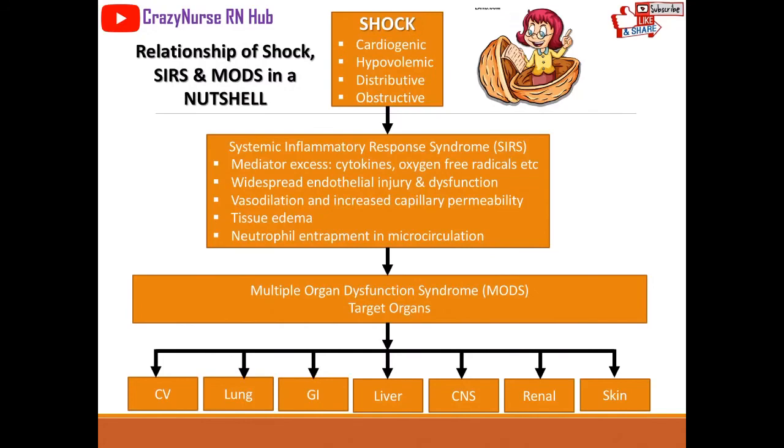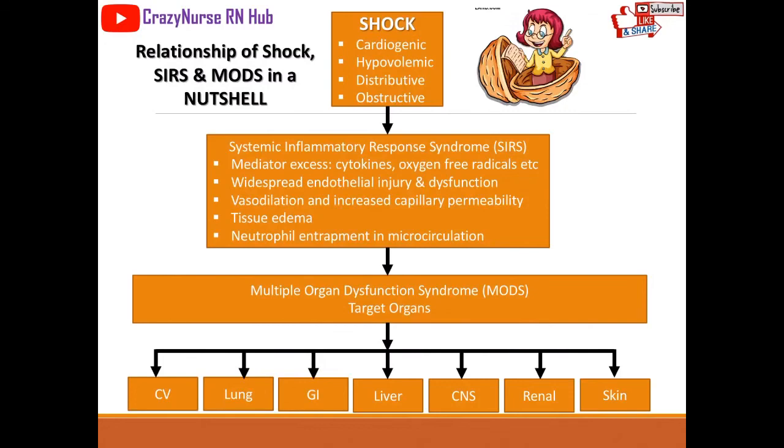That includes mediator excess, such as the release of cytokines, oxygen-free radicals, and more. There is also widespread endothelial injury and dysfunction. There is vasodilation and increased capillary permeability, tissue edema, and neutrophil entrapment in microcirculation.